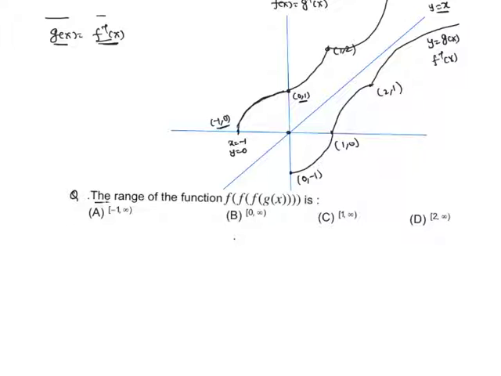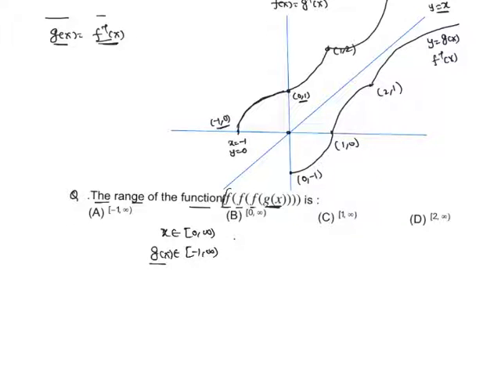Now we have to find the range of the function f of f of f of g of x. That means we have to find the outside function values. The inside function is given, g of x, correct? So we will start from the inside function. We know the range of g of x: if x belongs to the closed interval 0 to infinity, then g of x belongs to -1 to infinity.